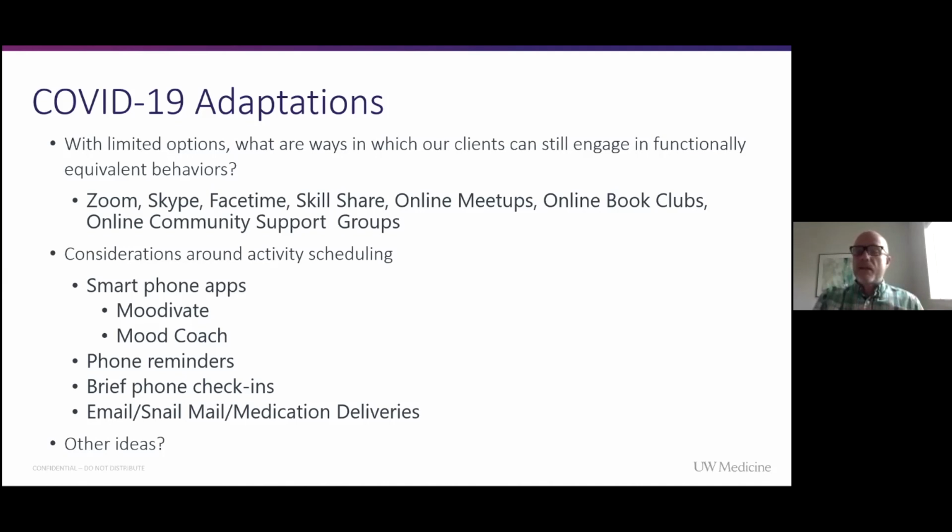And then the second thing that we need to consider is that if it's not written down, it's probably not going to happen, right? So we know that we've got to somehow get it on a piece of paper, get it to the client in some way where they're going to have some kind of a reminder, something to look at, something to schedule. So that's a really important part of behavioral activation, is that the person has access to the plan and that they have a way of reminding themselves.